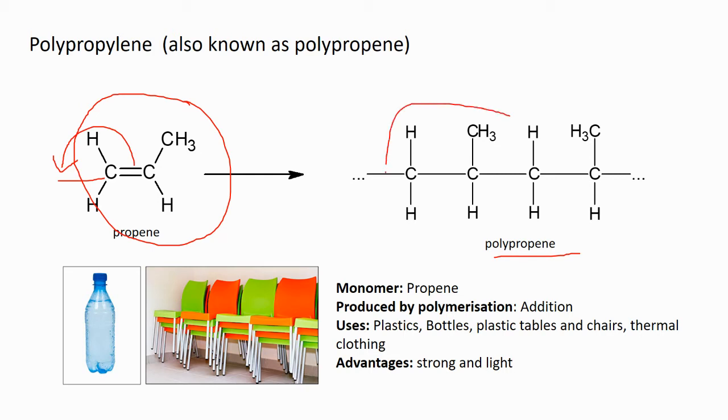Here is the repeating unit. You can see that it is repeating here twice. So the double bond used to be here and here, but it's opened up and formed single bonds to make a very big long chain. This also is a very strong, light, durable plastic that's used to make loads of different things like tables and chairs and thermal clothing and bottles and all sorts of other things.